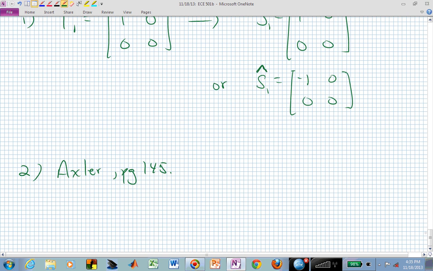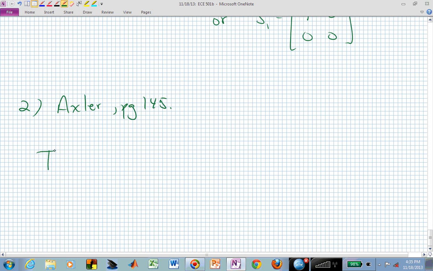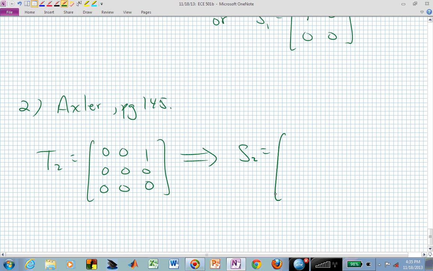Here, if you had a T sub 2 equaling, let's say, 0, 0, 1, 0, 0, 0, 0, 0, 0, getting kind of messy on my matrices, but the last two rows are all 0. A square root of that can actually be 0, 1, 0, 0, 0, 1, 0, 0, 0.